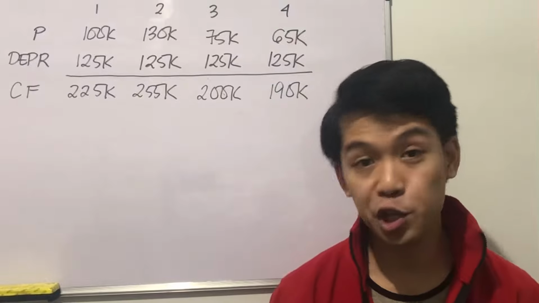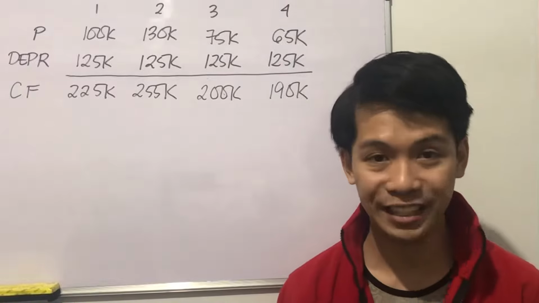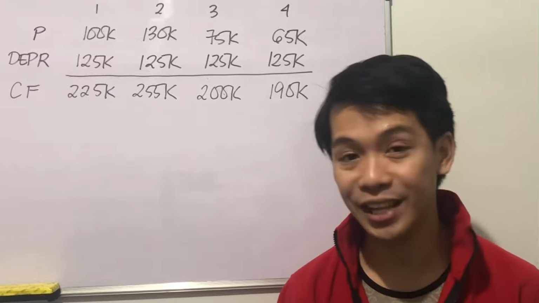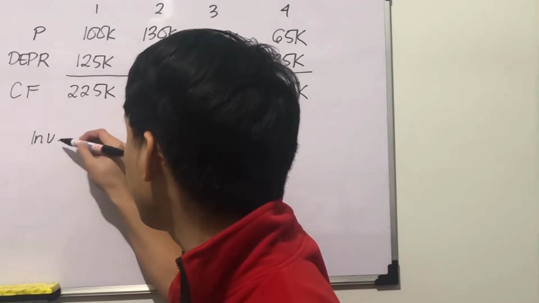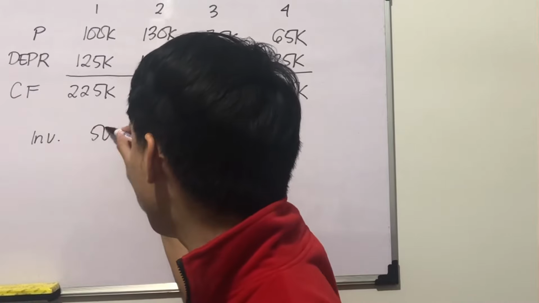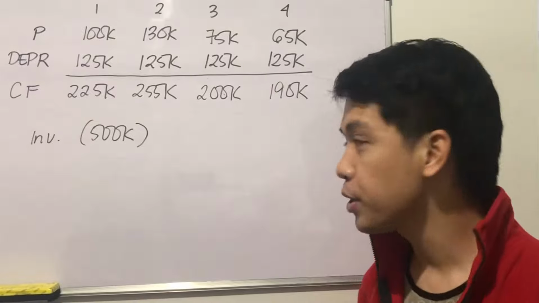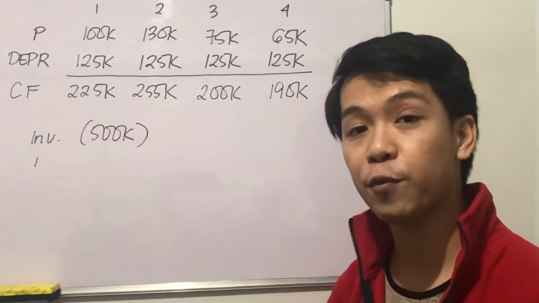So what's the payback period? The payback period is the time period needed to recover the investment. So we are going to analyze this 1 year at a time. So when we have an investment of 500,000, this is the year 0 outflow. In year 1, we are expected to generate 225,000.